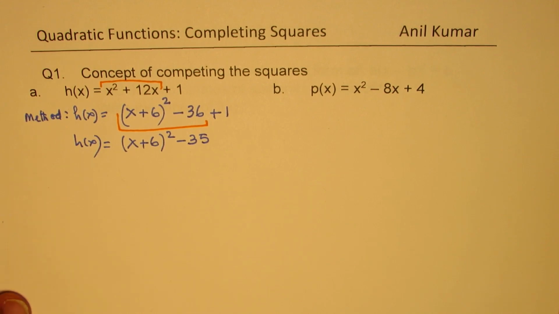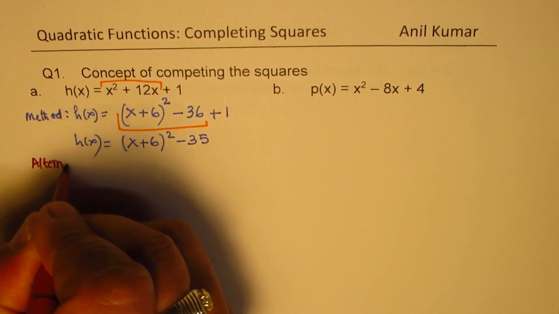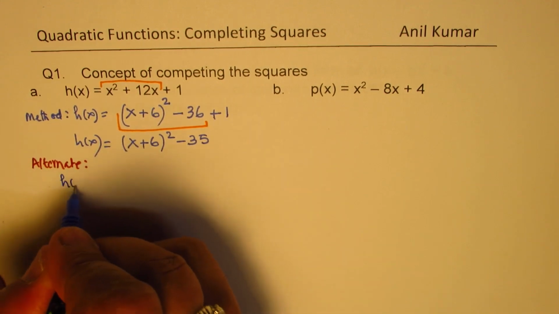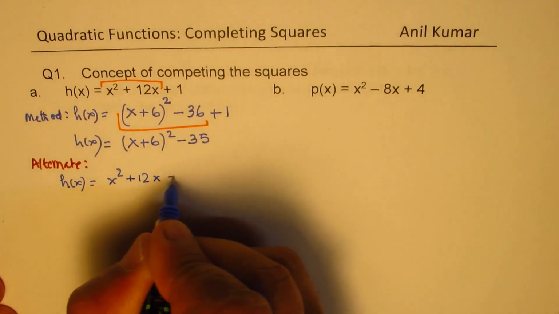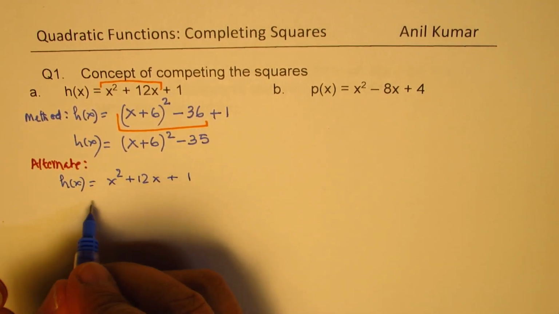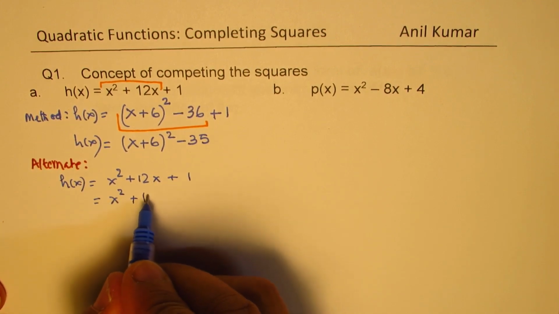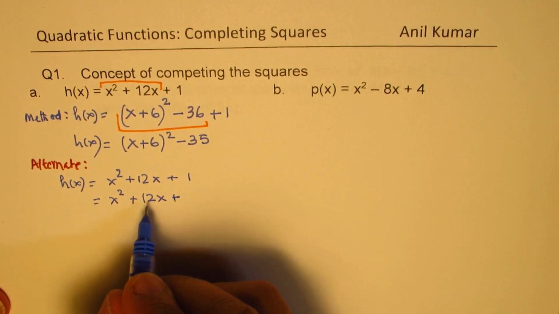Is it okay? Now here is the alternate method, which is a very popular method normally used. Let's see how we do it normally, right? So we will again begin with our function h of x equals x squared plus 12x plus 1. So in completing the square, what we do here is we take these terms with x, right? Half of 12 is 6.